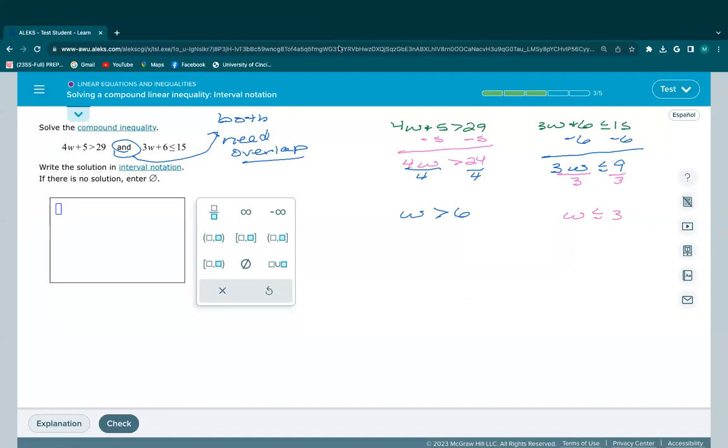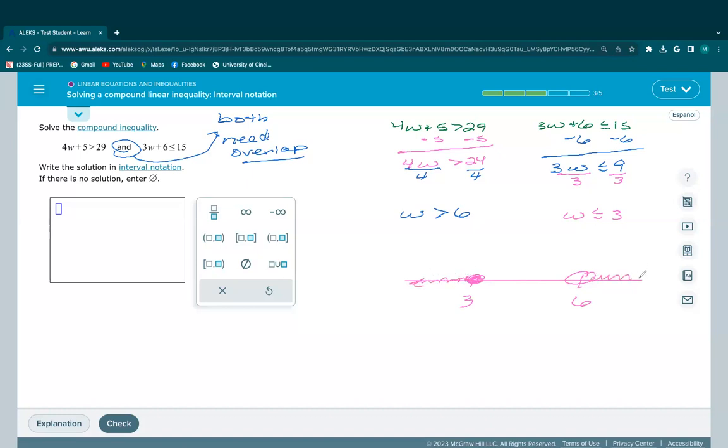All right, so let's see what we have here. Let's put our numbers in order. So I want 3 and I want 6. W is bigger than 6, so 6 has the open circle, and 3 has a closed circle. W is less than or equal to 3.